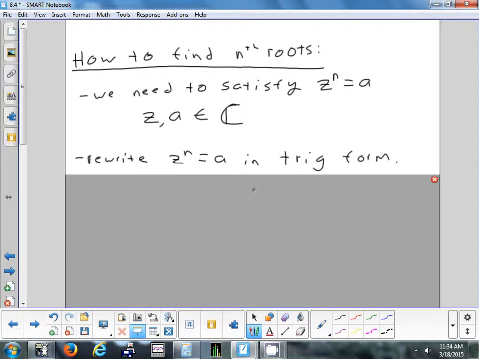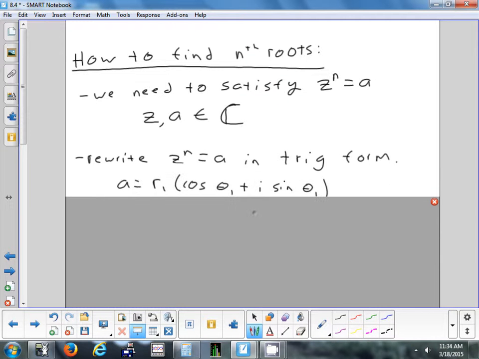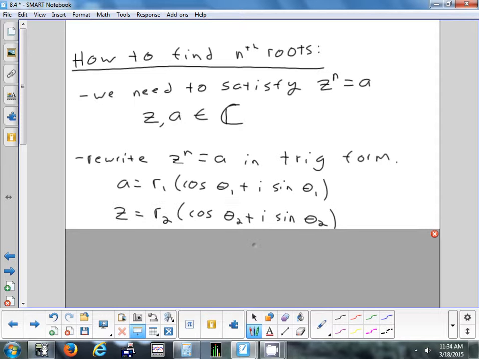So the first thing we're going to do is rewrite z to the n equals a in trig form. Well, let a equal r1 cosine theta 1 plus i sine theta 1. And let z equal some other complex number, r2 cosine theta 2 plus i sine theta 2. So I just took z and a, rewrote them in trig form. Each of them will have a radius. Each of them will have an angle.